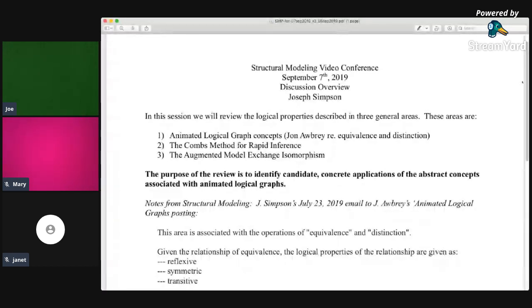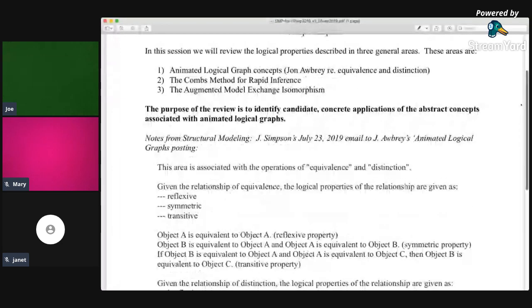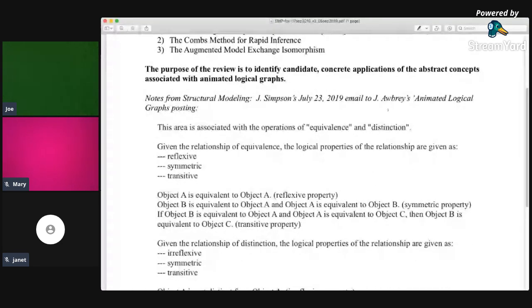So just as a little bit of a review, Aubrey's animated logical graphs on the system science list, he's talking about the operations of equivalence and the operations of distinction. And so the logical properties that are associated with equivalence, or the relationship of equivalence, of course, is reflexive, symmetric, and transitive.